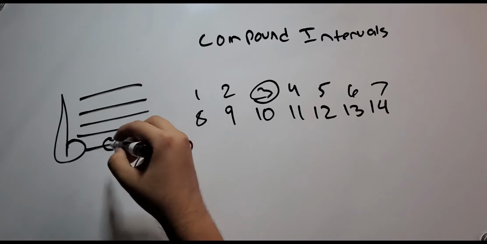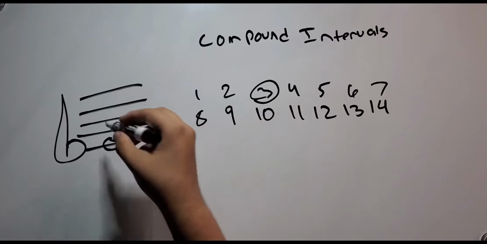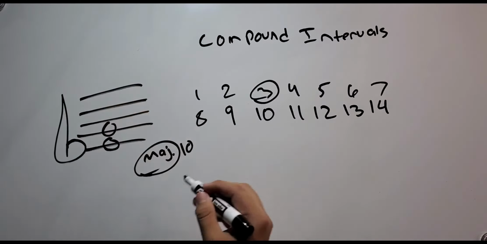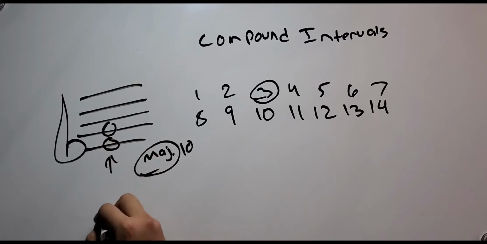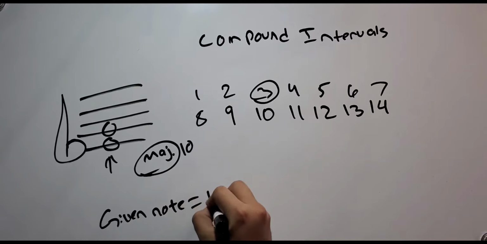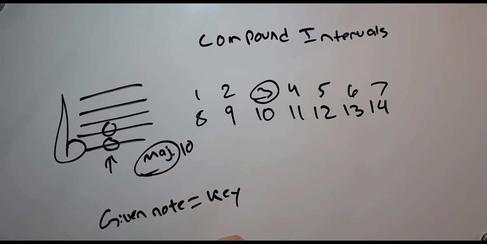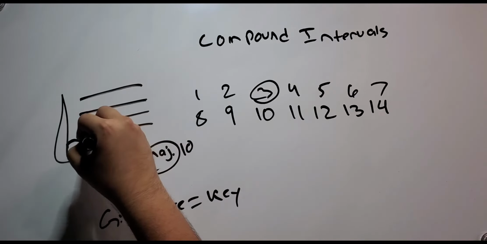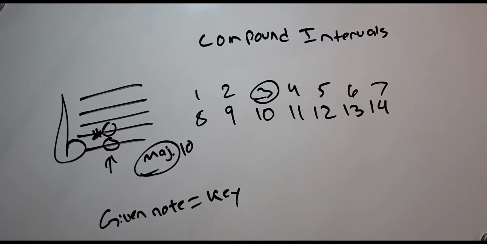So, what is a major third above E? Well, first I would go ahead and write the interval, which is a third, and then we apply our key. And remember, the given note is our key. So the key of E has 4 sharps, F, C, G, D. G would have to be sharp in order for it to be a major third.